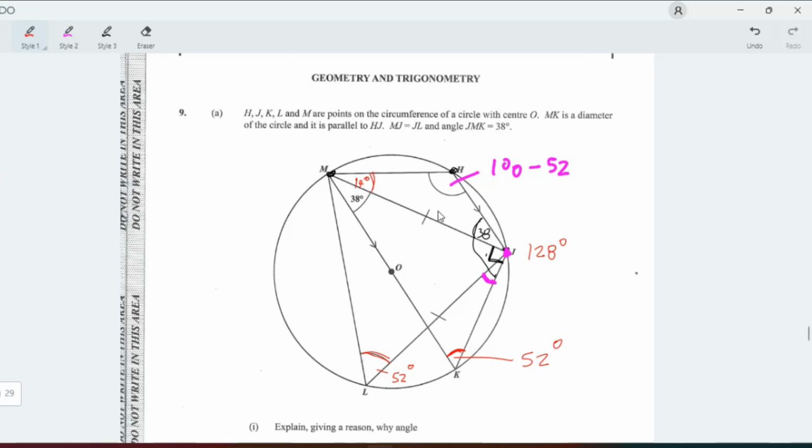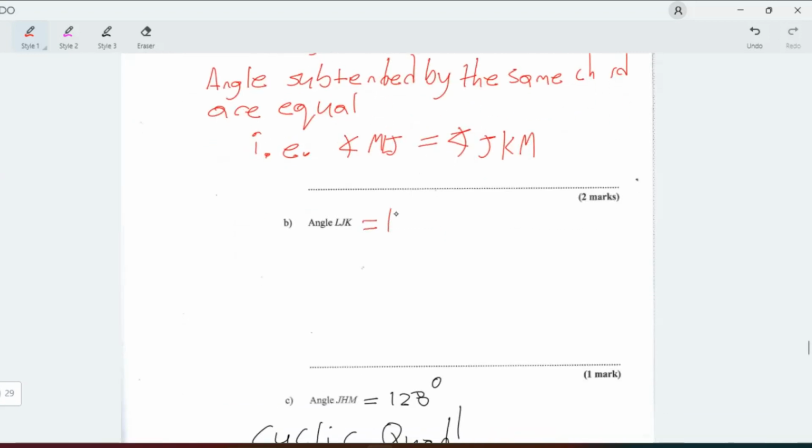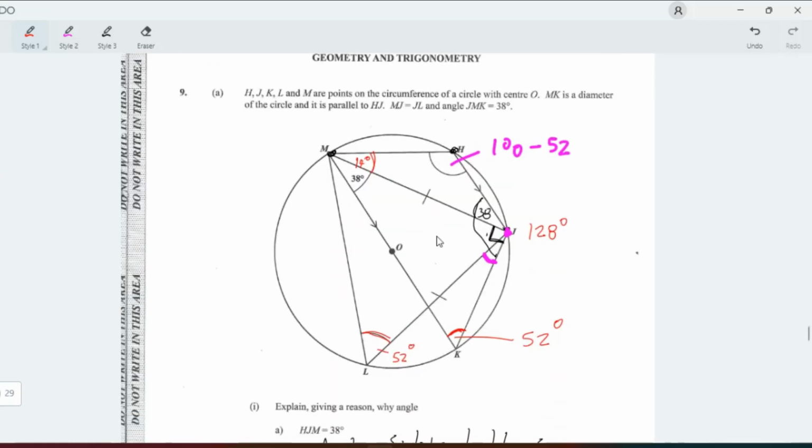Angle subtended by the same chord. Yes, that is 14 degrees. So around here, this would now be 14 degrees. Remember, it's not drawn to scale. So angles subtended by the same chord are equal. So this piece must be 14. We're good to go. That's it.